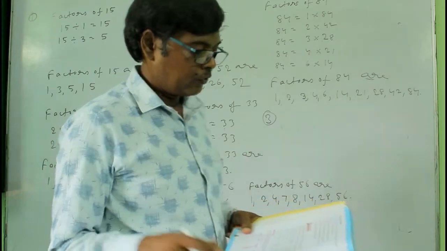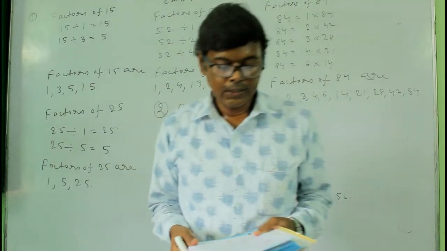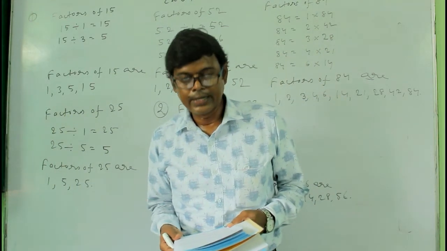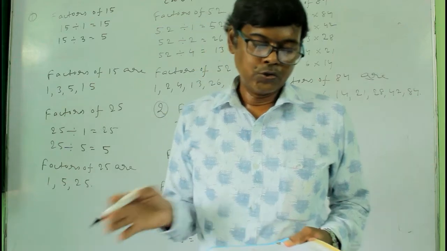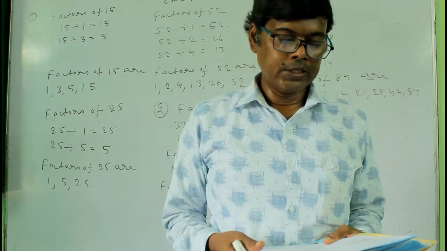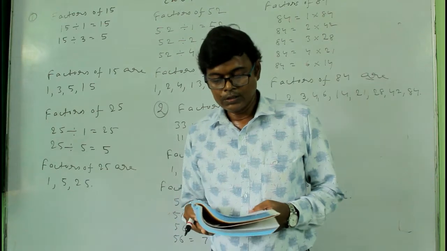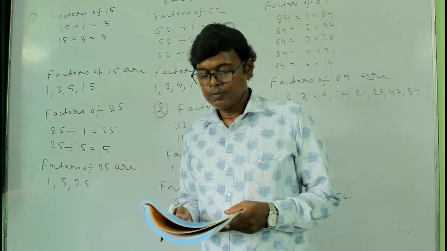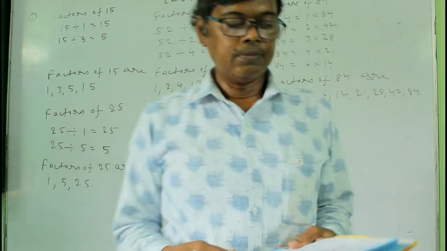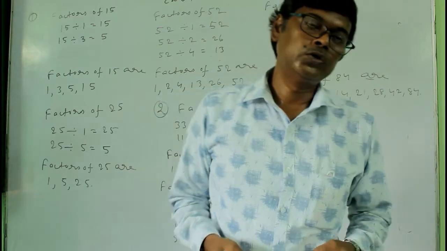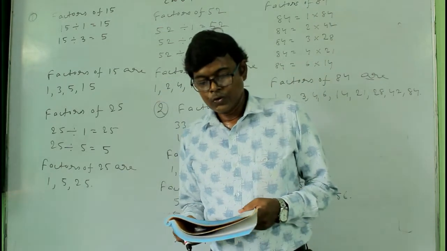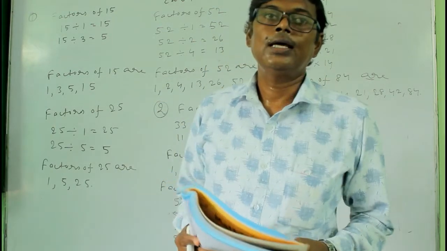In this we have to just mark, okay, find the answer without calculating. Okay, in this we don't have to do anything, okay, without any calculation. Put a tick mark if the smaller number is a factor of the bigger number and put a cross if it is not. मतलब इस क्वेश्चन में बताना है कि जो छोटा वाला नंबर है वो बड़े वाले नंबर का फैक्टर है या नहीं.